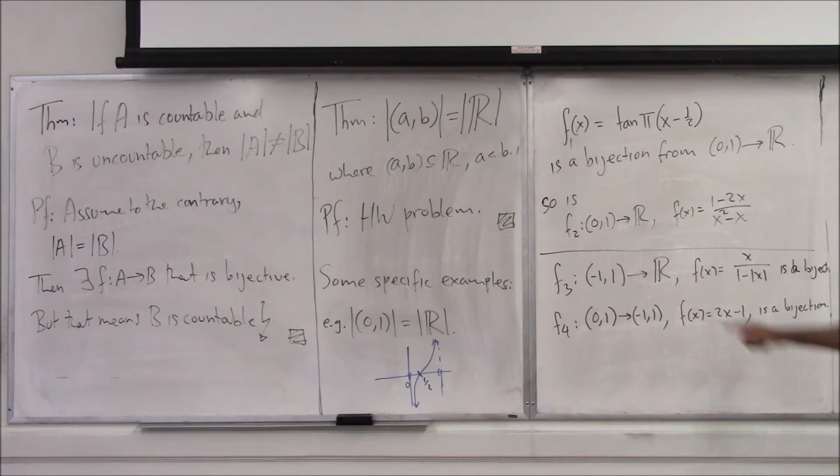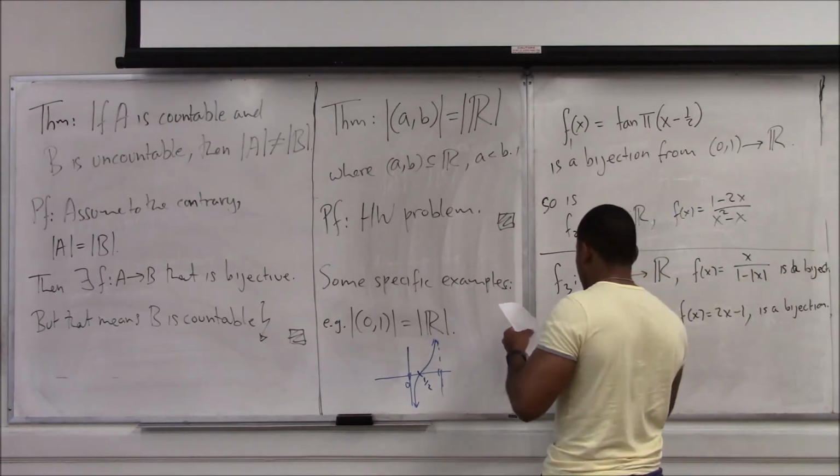Of course, you can say they're both equivalent to R numerically, then they have to be equivalent to each other numerically. But here's a specific function that will actually do that for you. There are other functions.